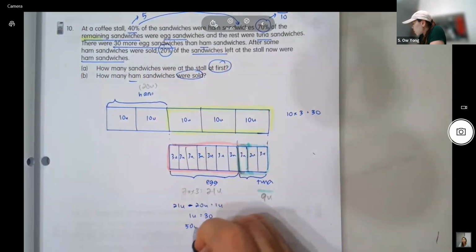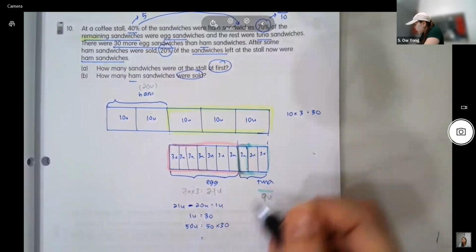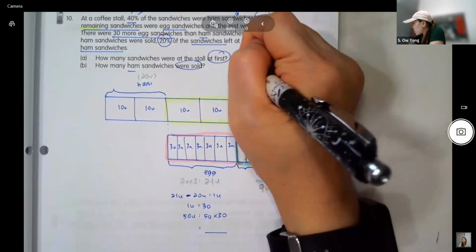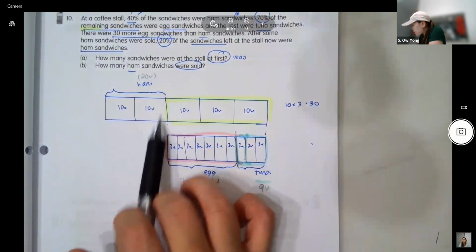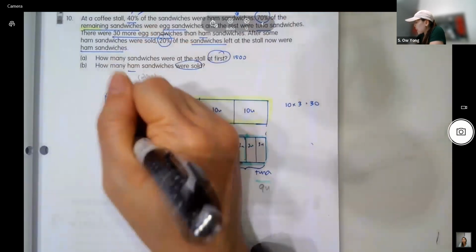You secure your marks first. Okay, at least I know there are 1,500 sandwiches at first. All right. Now they ask you how many ham sandwiches are sold. Never mind, you find the original number of ham sandwiches first, which is 600 now.